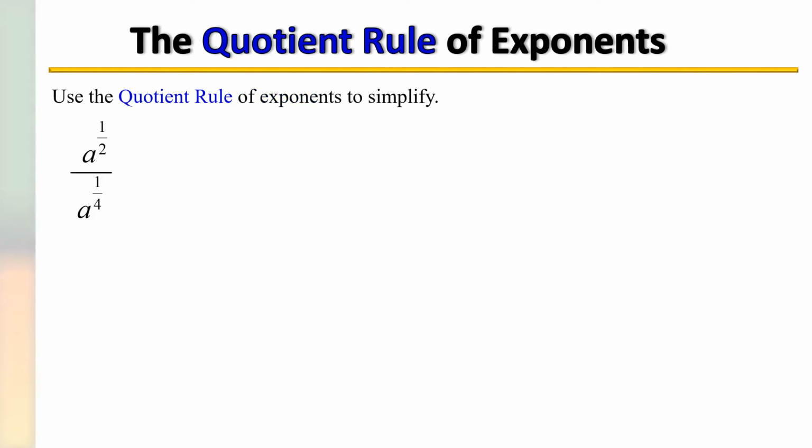Now we're going to apply the quotient rule. Remember, the quotient rule is whenever the base is the same, you're going to keep the base of a. And what do you do with your exponents? Yes, you're going to subtract your exponents, and it is always top take away the bottom. So that would be 1/2 take away 1/4.